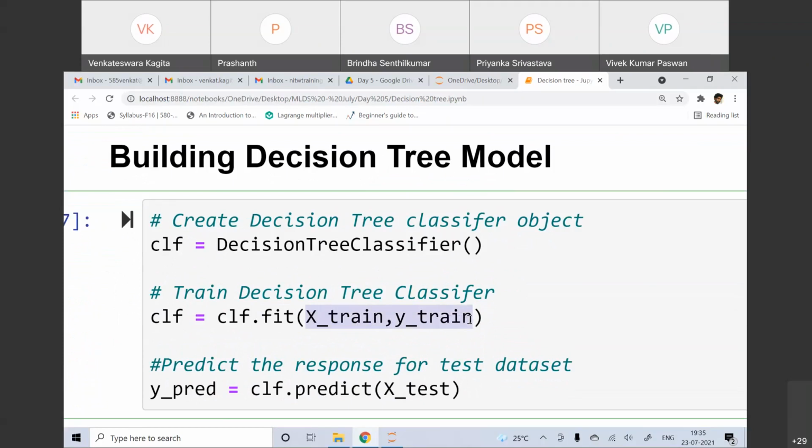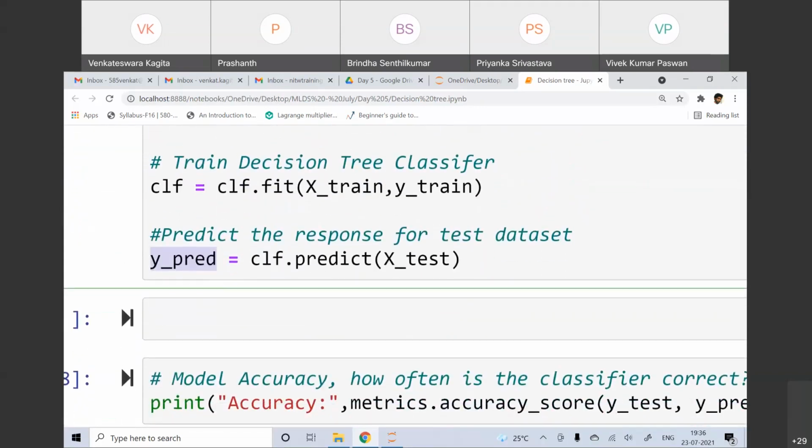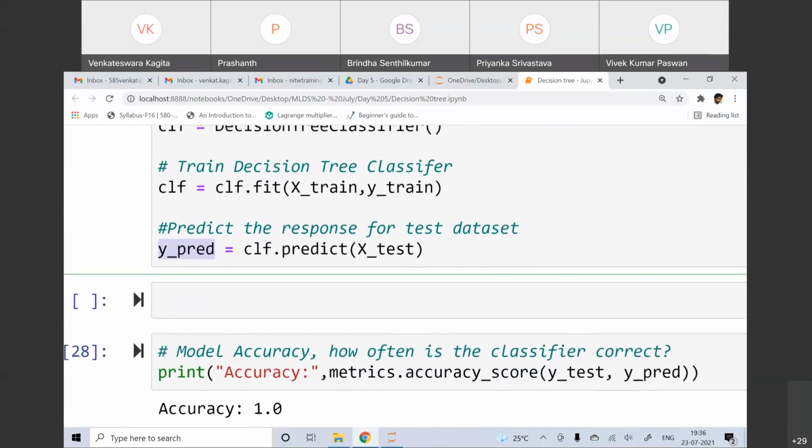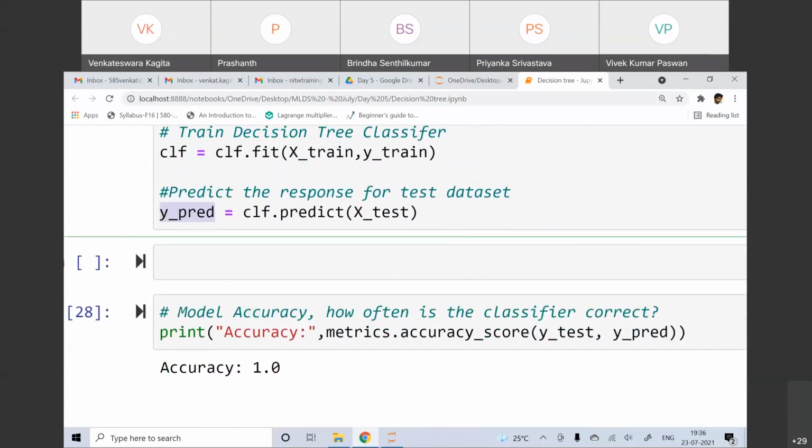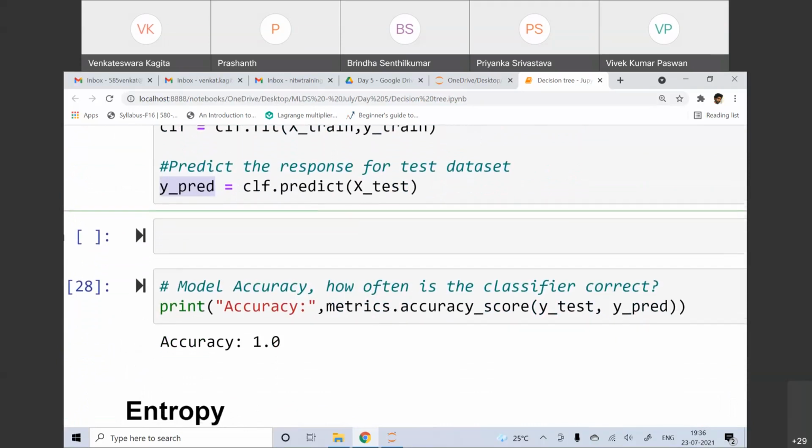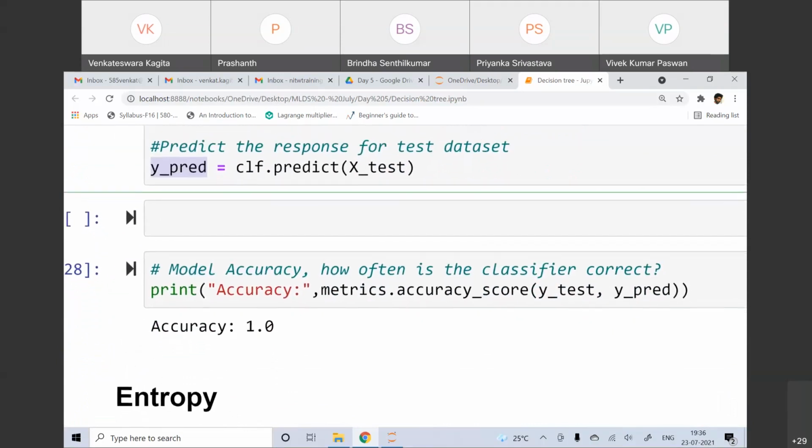Once the model is ready, you can predict for the test data. You will get Y prediction. We know Y test and Y prediction, so we measure the accuracy. I have used accuracy score here. Other metrics you can use too, like yesterday we used a confusion matrix and classification report, any metric that you want. Accuracy is 100% in this case.